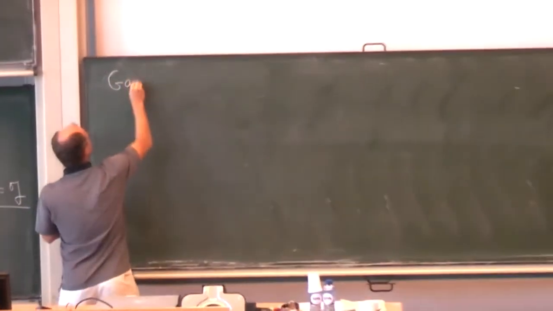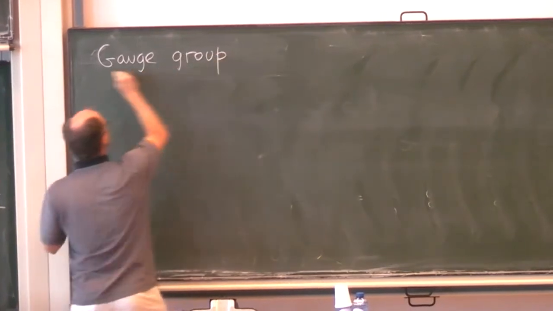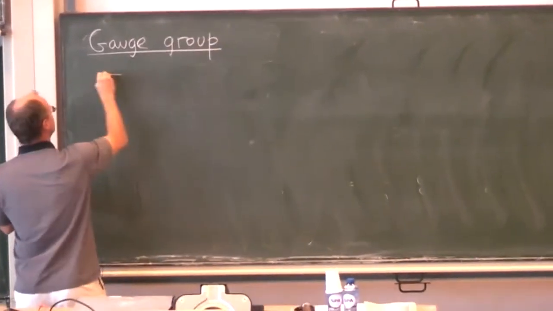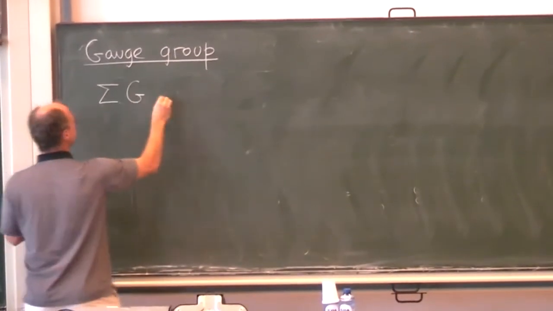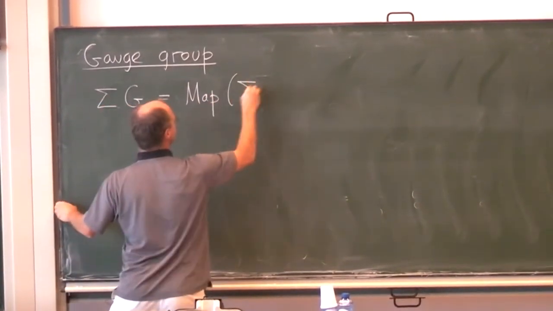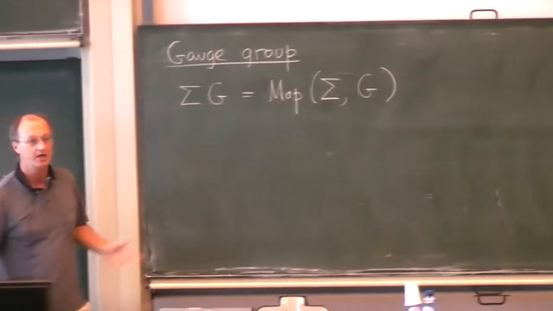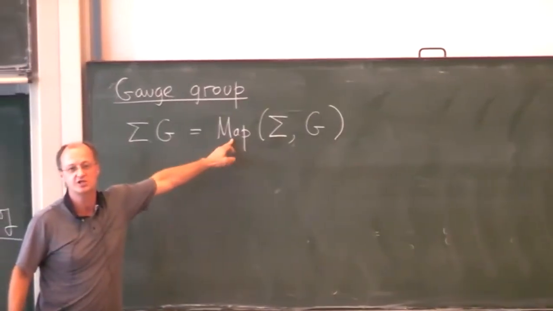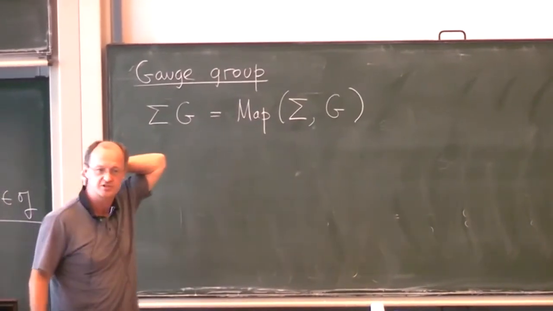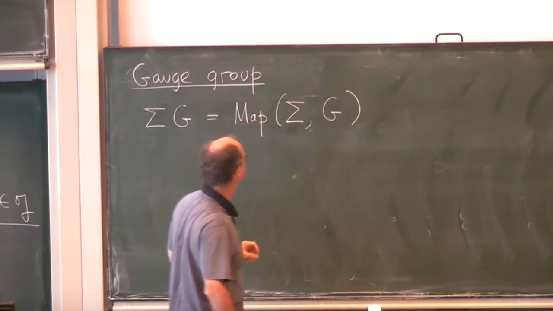Let's call it sigma G. This is a group which consists of maps from sigma to G. Properly speaking, I should tell you something about the topology of this space of maps, but I won't do it at the moment.